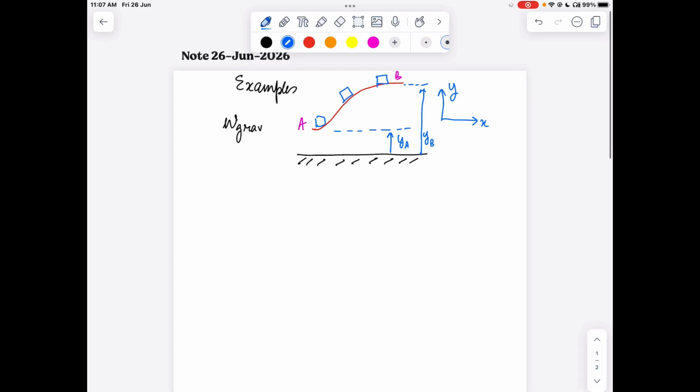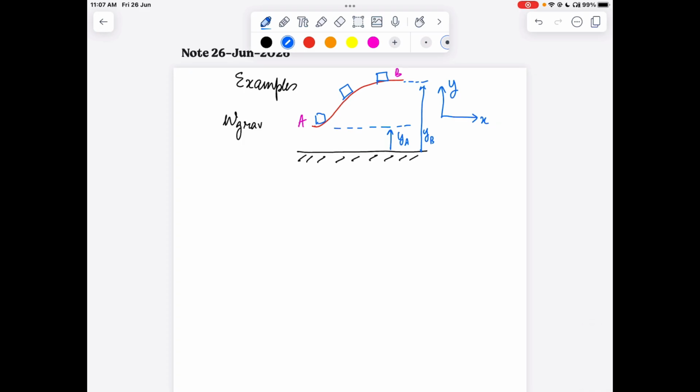Okay, now the question is, what is the work of gravity if a body of mass m moves from point A to point B? Now that would be the integral of F dot ds vector from A to B, right?